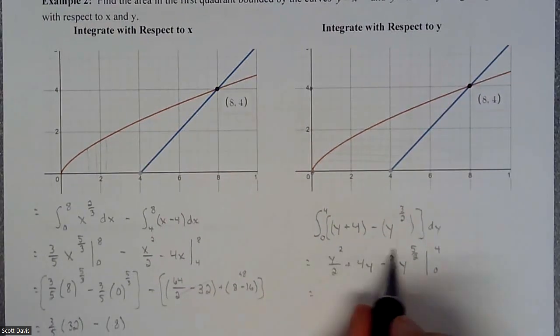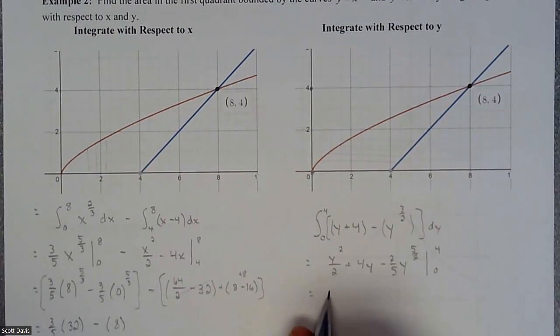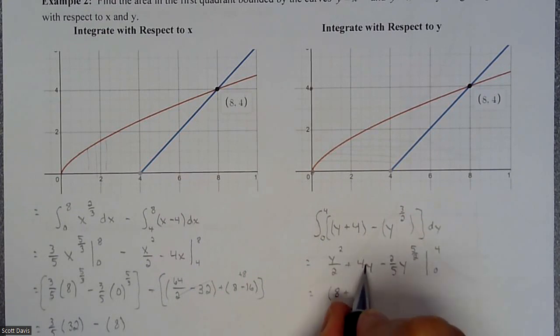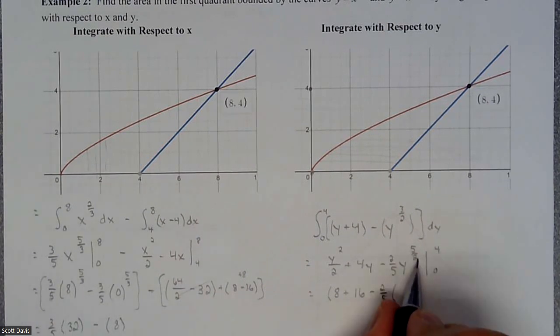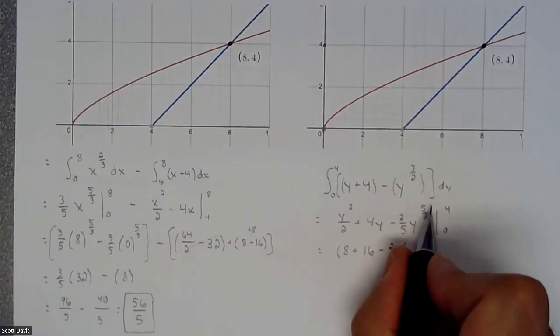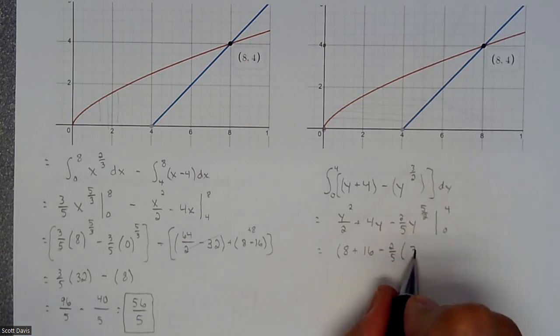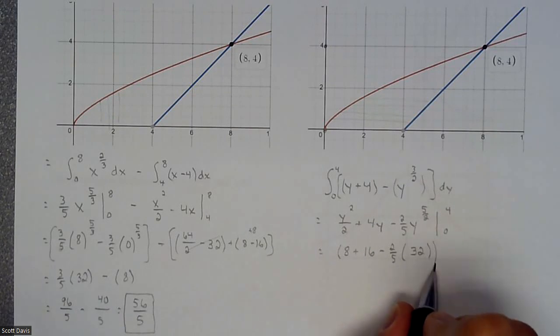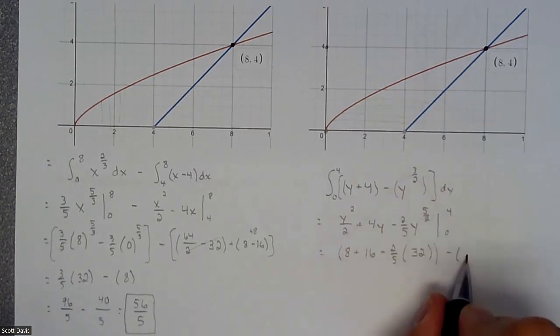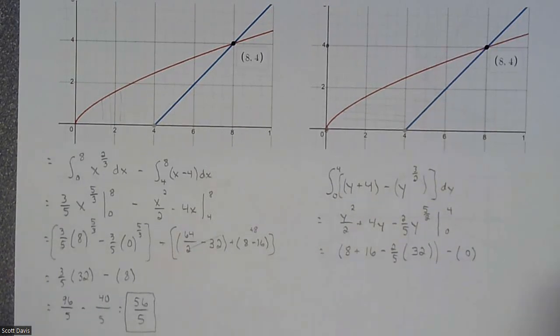So I got 16 divided by 2 is 8, plus 4 times 4 is 16, minus 2/5 of something. I'm going to take 4 and square root it, which is 2, raise it to the 5th. So 2, 4, 8, 16, 32. All right, and then that was us plugging in the 4. We're going to subtract the 0 plugged in, which is just 0.